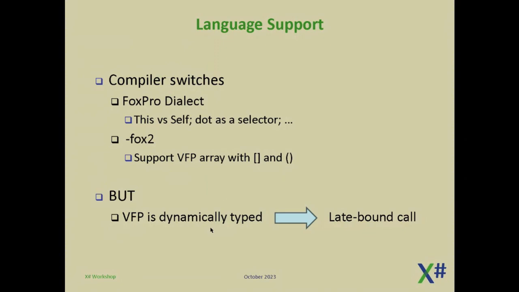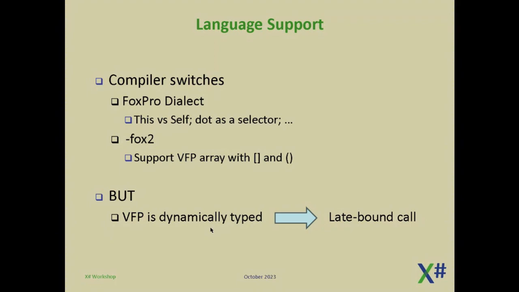All the other dialects use SELF. And for example, the operator between an object and a property, or an object and a field, or an object and a method, in most of the other dialects is a colon. FoxPro has a dot, and by enabling the FoxPro dialect, you also enable the compiler to understand that a dot can be a separator between an object and a method.